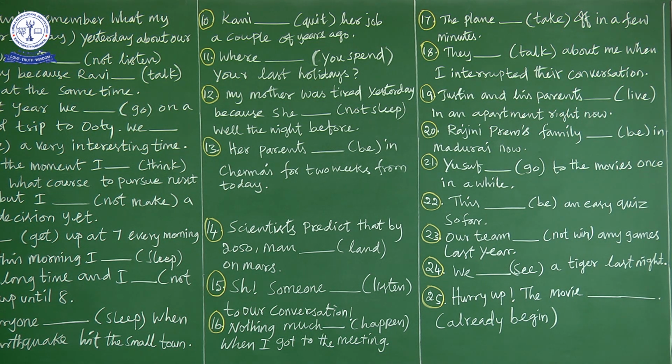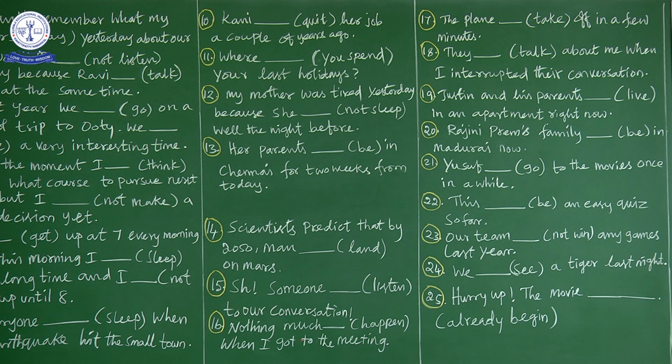The 16th exercise. Nothing much dash happened when I got to the meeting. Suppose the sentence is nothing much happened. If the sentence finished till here, then you can go for past tense, that is happened. But after that we have another past tense: when I got to the meeting.